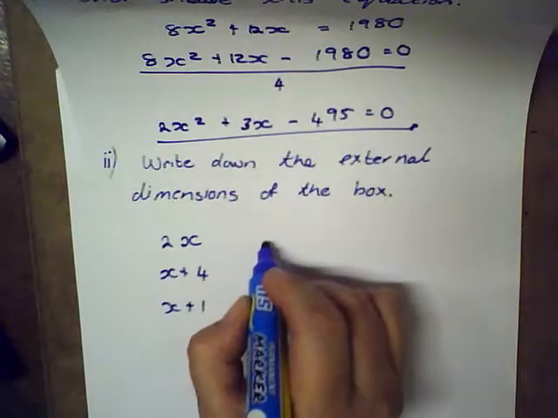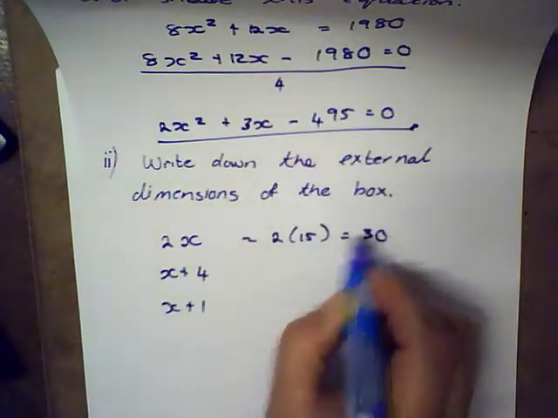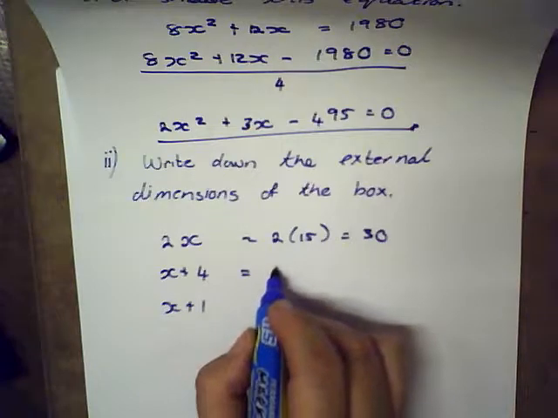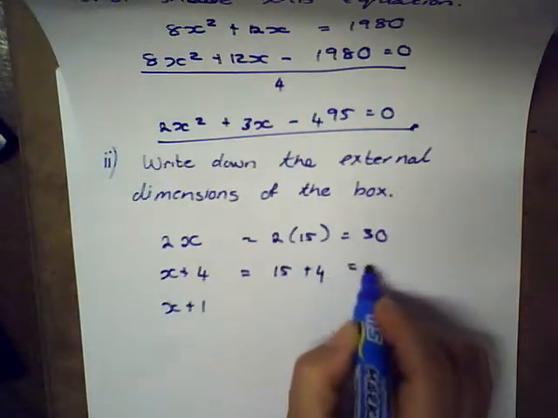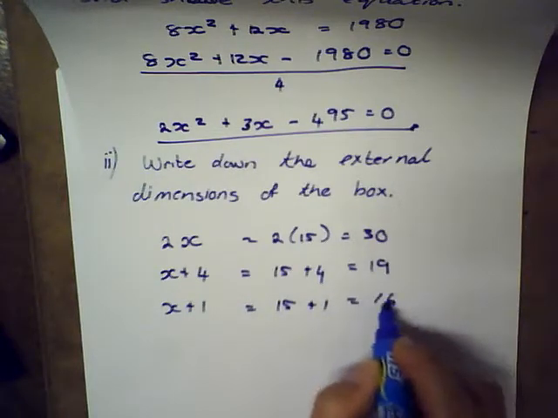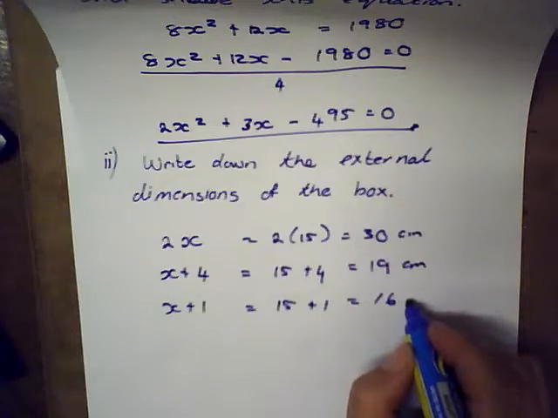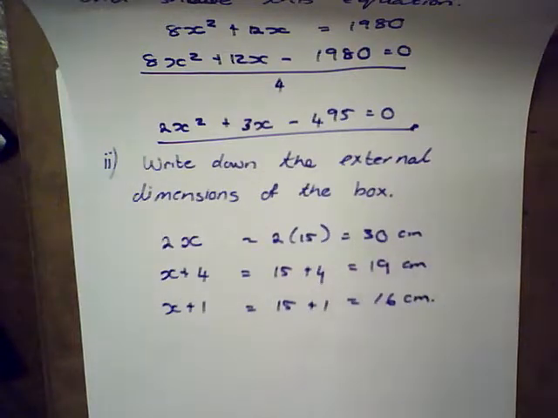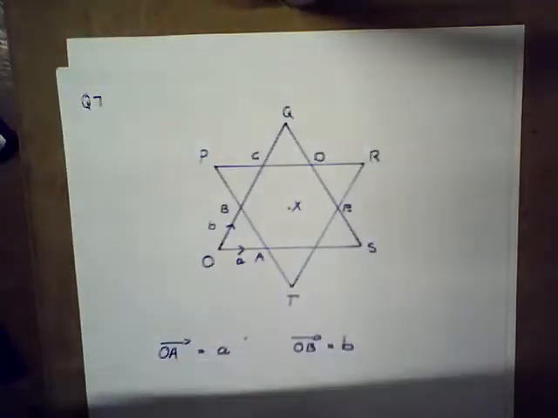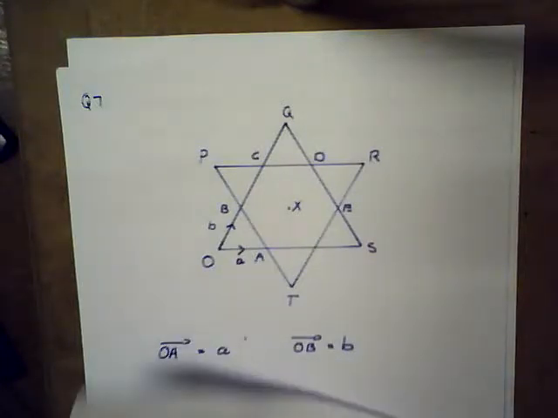So if it is 15, we'll get 2 times 15, that would give us 30. 15 plus 4, that would give us 19, and 15 plus 1, that would give us 16. So the dimensions would be 30 centimeters, 19 centimeters, and 16 centimeters respectively. Good, so that concludes question 6, and we're going really nicely, so well done.